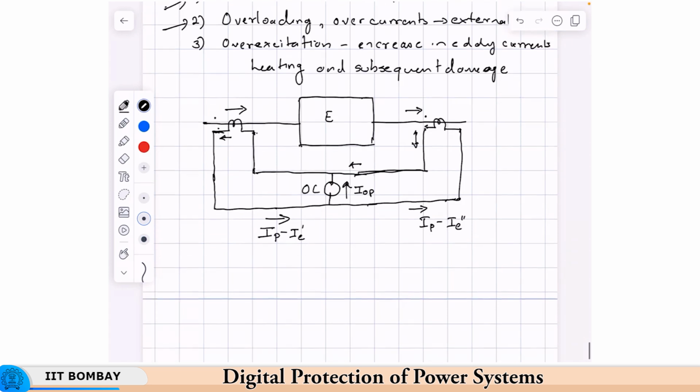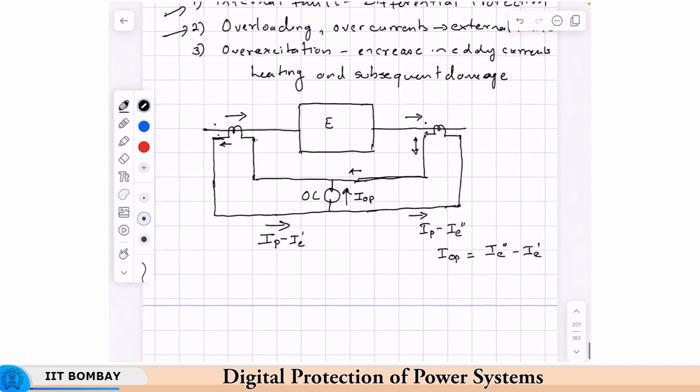So, if the CT ratios etc. are adequately matched, the operating current will be only the difference in the excitation currents, which is normally very small, and hence there is no operation of the relay, and hence for normal operation or for external faults this relay will not operate.